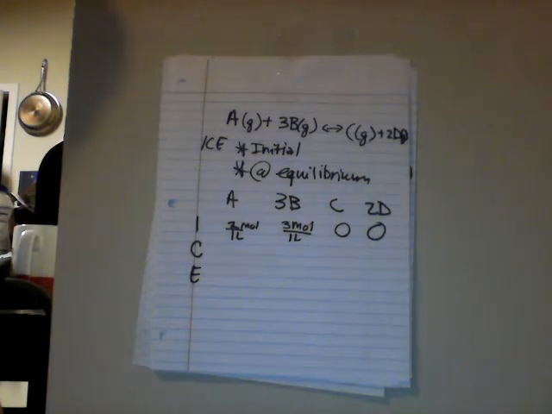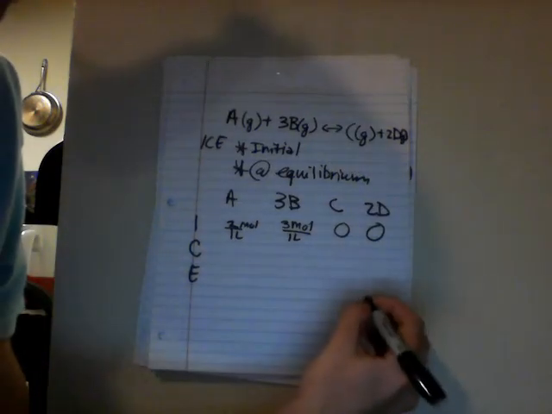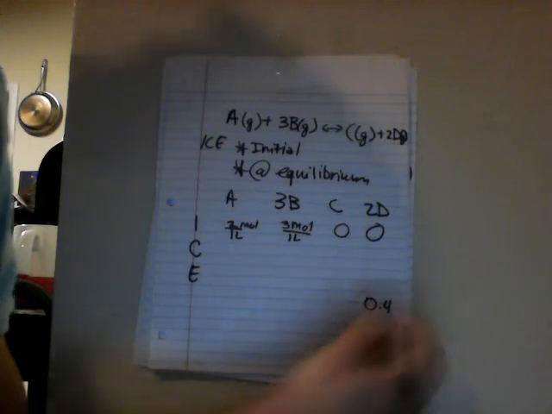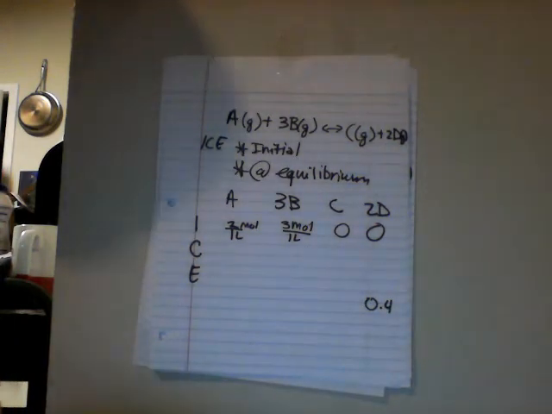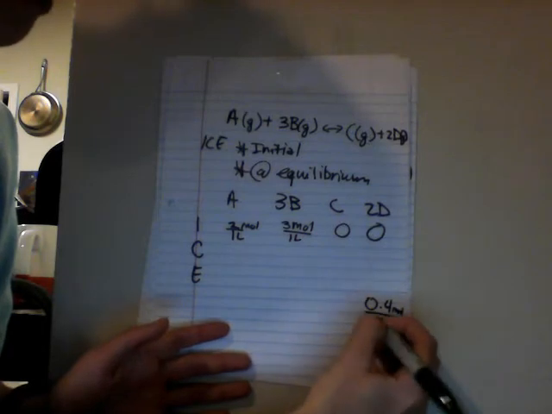Now here we're actually going to be able to get a change value, and this is why. It tells me at equilibrium, the container contains 0.4 moles of D. That means at equilibrium, I'm going to have 0.4 moles of D. And that'll be moles, again, over 1 liter.